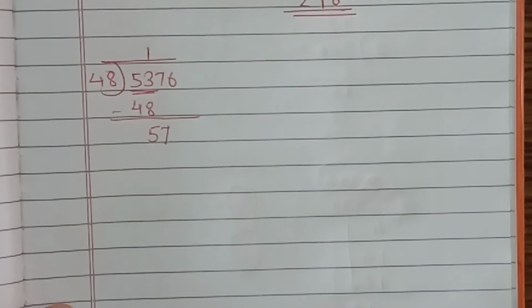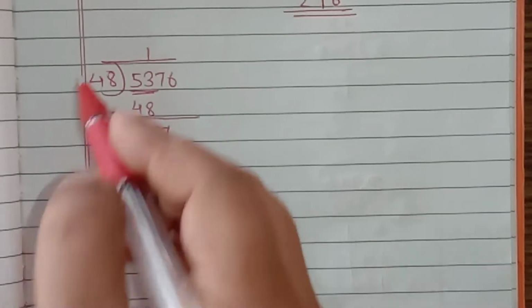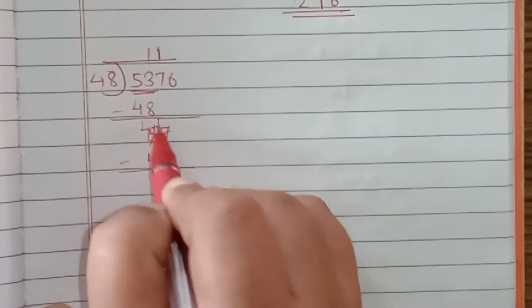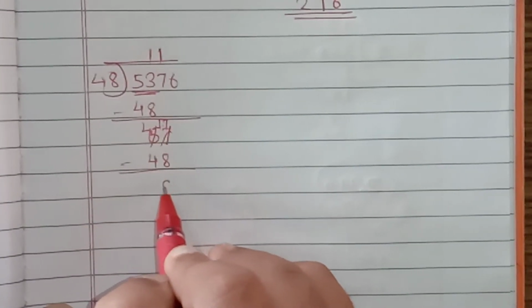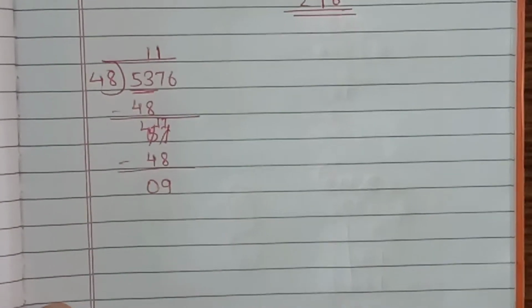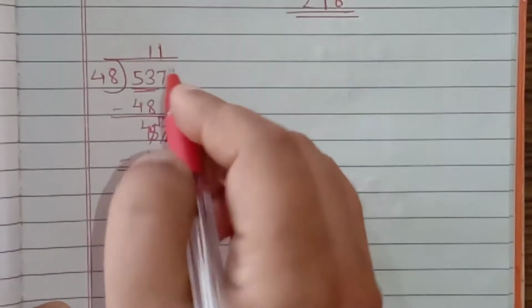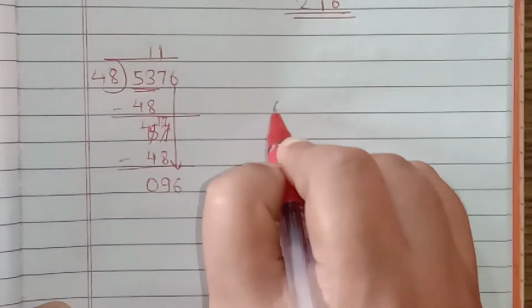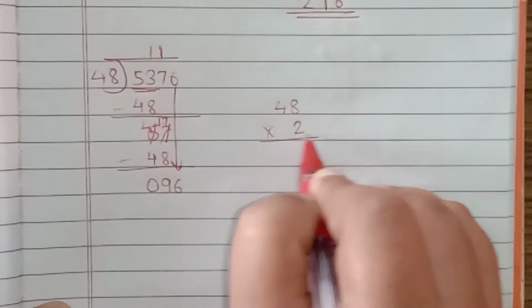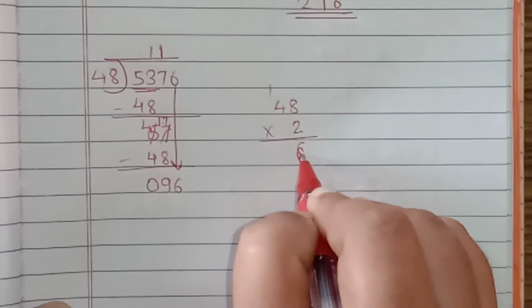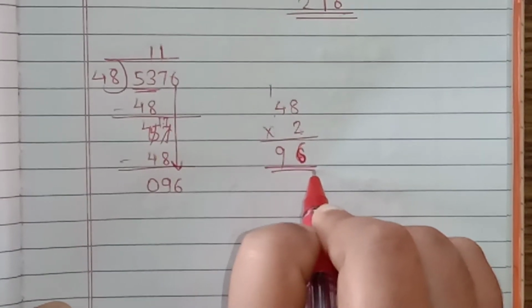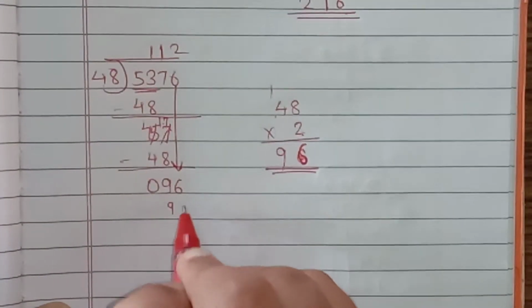Now 57, we will not get in 48, so again 48 ones are 48. Subtract that: 17 minus 8 is 9, 4 minus 4 is 0. So we are getting 9. Now take 6 down, 96. So 48 multiplied by 2 we will do. 2 8s are 16, 2 4s are 8 plus 1 is 9. Did we get 96? So we write 48 2s are 96.